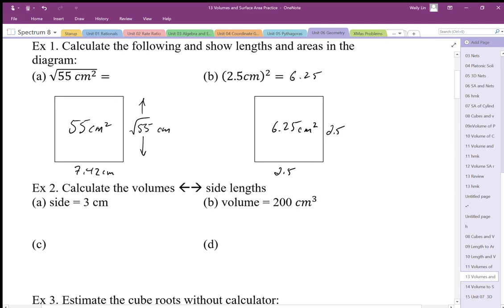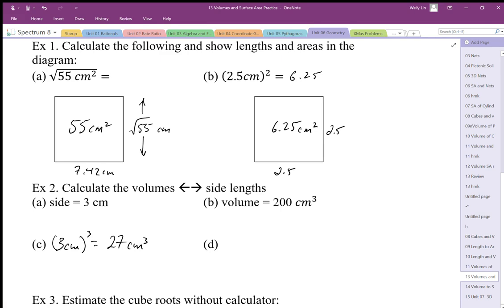Okay, we can do the same thing with volumes and side length. If I have a side length of 3 centimeters, my volume works out to be 3 centimeters cubed, which gives us 27 cubes. If I have 200 cubes and I want to work out the side length, I want to do a cube root.